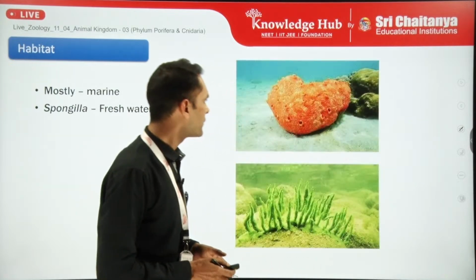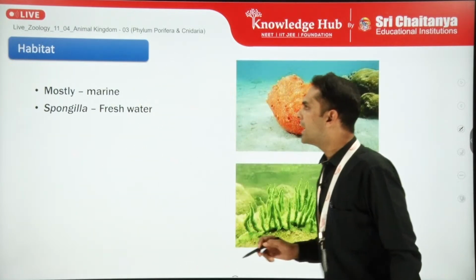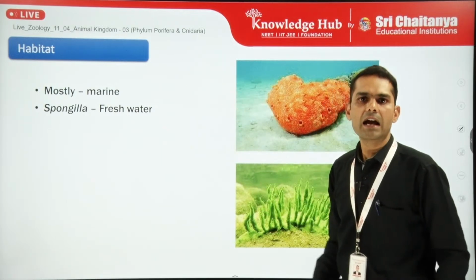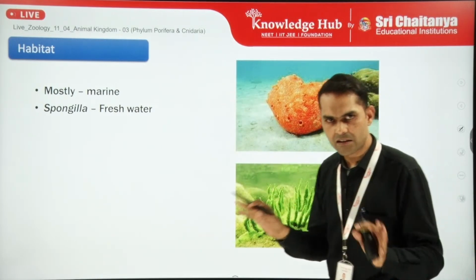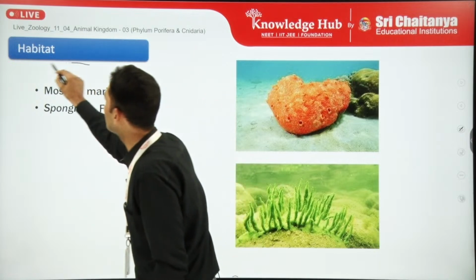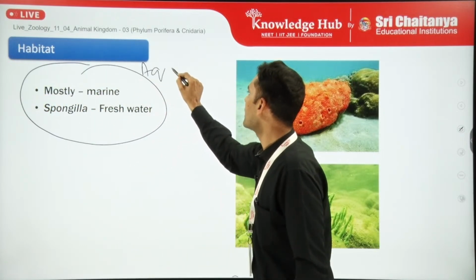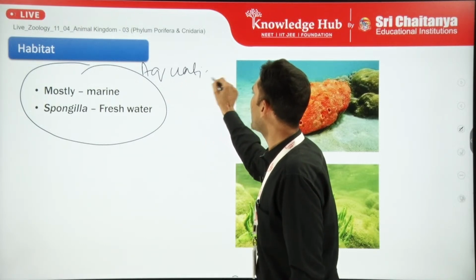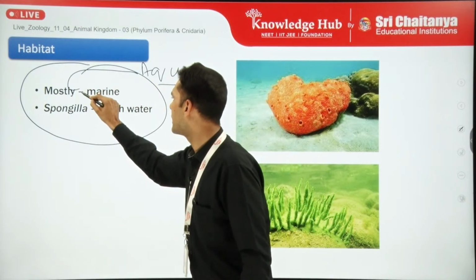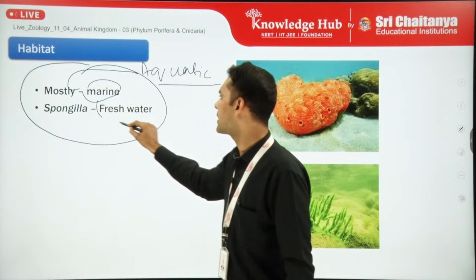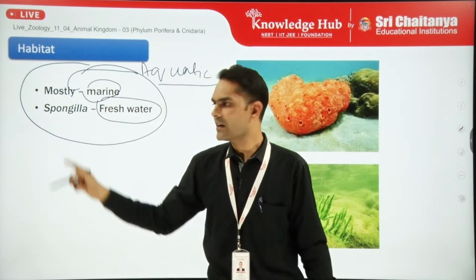Fine. So if we see further, the habitat is aquatic, that means they are not terrestrial. So the habitat is exclusively aquatic. But when we call it aquatic, we have to further classify it into mostly marine, and some examples are of freshwater, that is Spongilla.